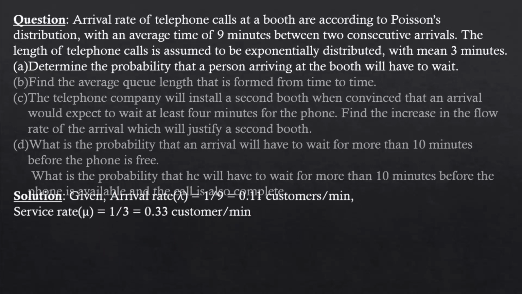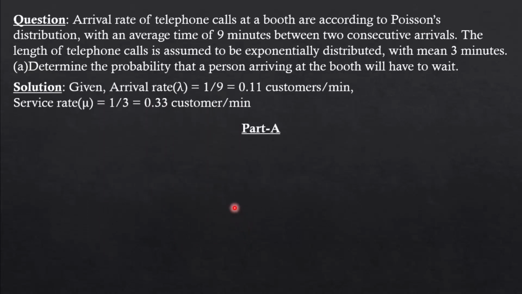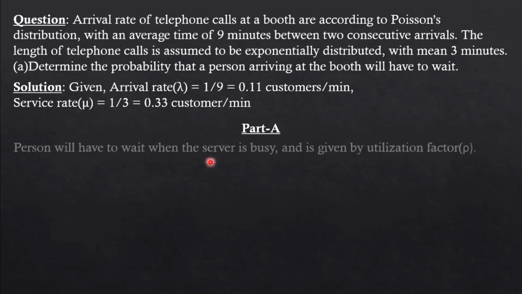Now let us move to the first part here. Let us see what has been asked. Determine the probability that a person arriving at the booth will have to wait. Now a person has to wait when the booth is busy. So we need to find out the amount of time when the server is busy, and it is also known as the utilization factor, and it is represented by rho.